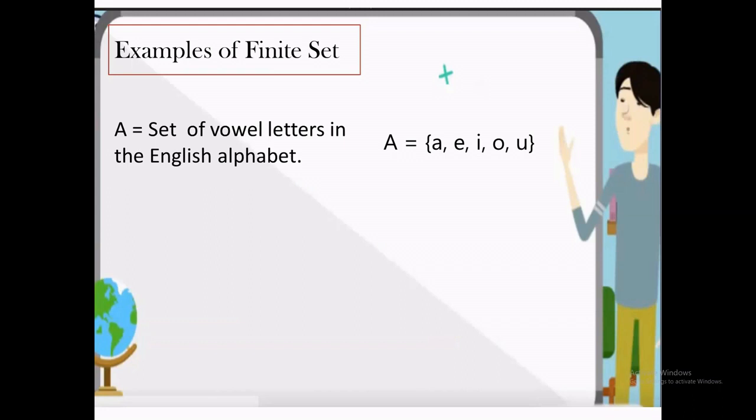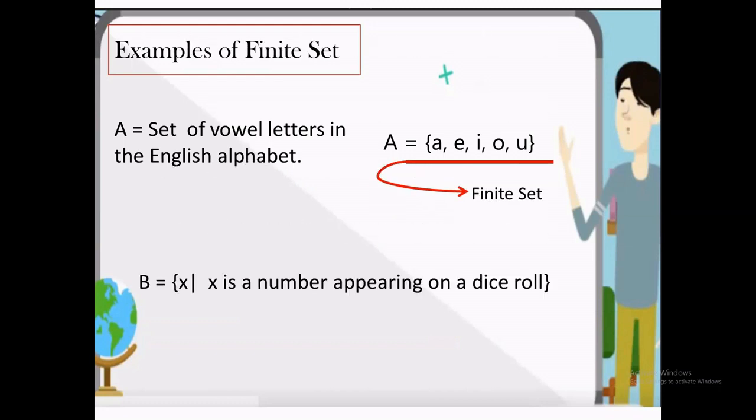So set A is A, E, I, O, U. There are 5 elements. This is an example of a finite set. B is the set of all x such that x is a number appearing on a dice roll. A dice roll has 6 numbers: 1, 2, 3, 4, 5, and 6.